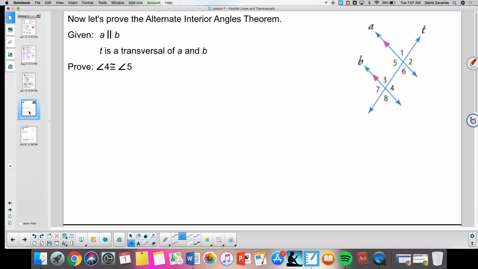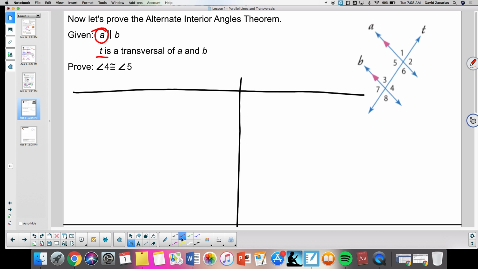Now let's throw a little proof our way. Okay, A is parallel to B. Now when we're dealing with proofs, they leave out the word line. They just use the lowercase letters, and we're going to know that that's talking about line A and line B. It says line A is parallel to line B, and then it says line T is a transversal of A and B. So let's get it started.